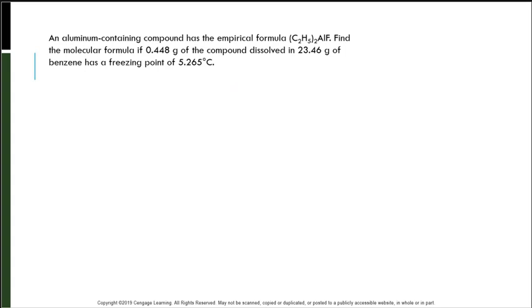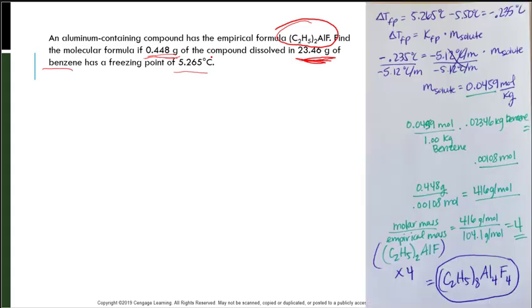Here is one using freezing point depression. We have an aluminum containing compound with an empirical formula of this. Find the molecular formula if we know how many grams of a compound dissolves in 23.46 grams of benzene and a freezing point of 5.265 degrees Celsius. Again, let's find that freezing point depression.